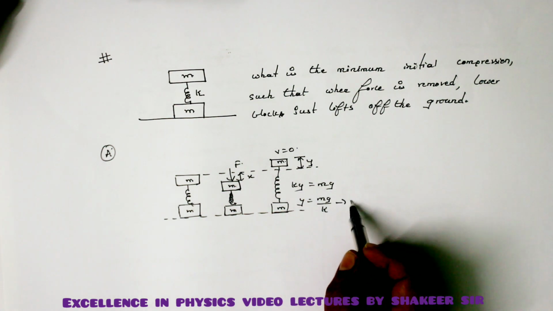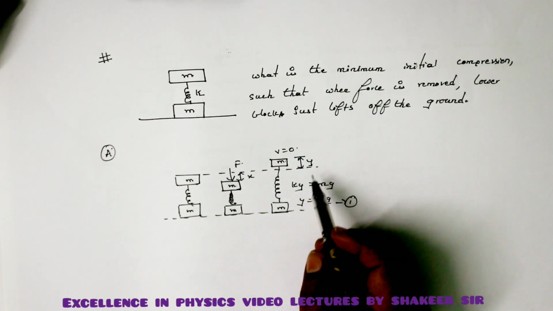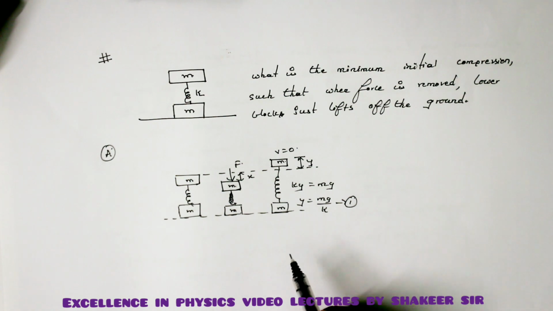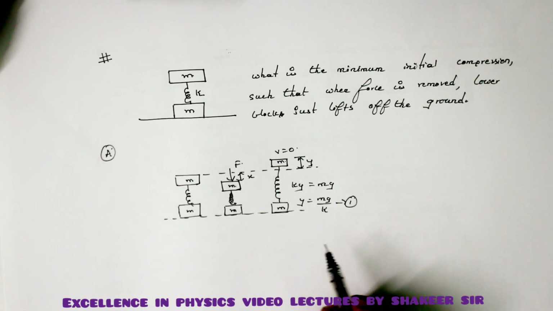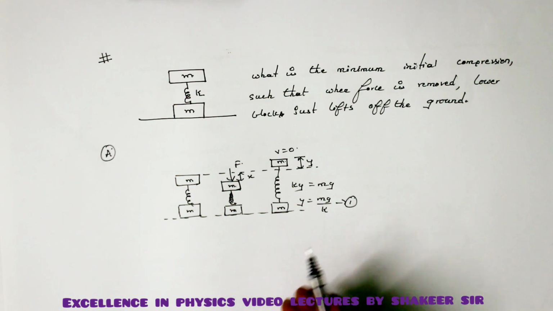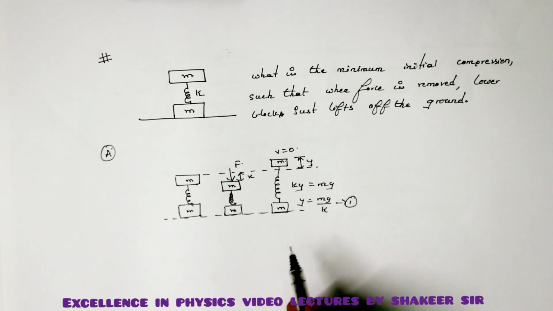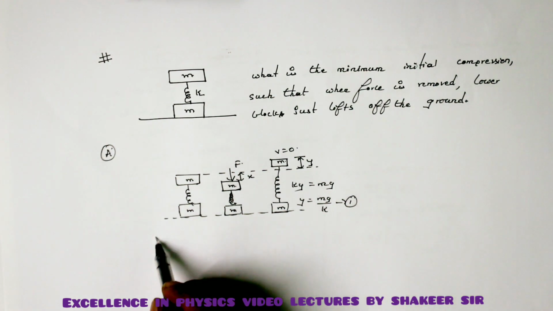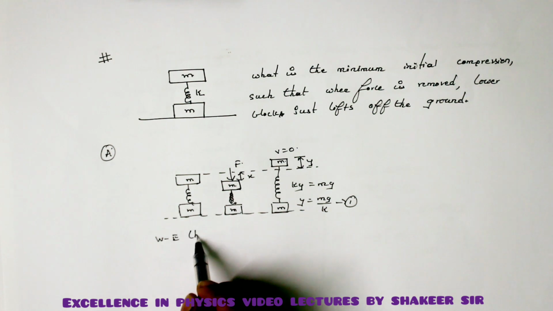So this is my equation number 1: y equals mg divided by k. Now we can use the work-energy theorem again to calculate the initial compression we have to give this spring. So we are using the work-energy theorem.